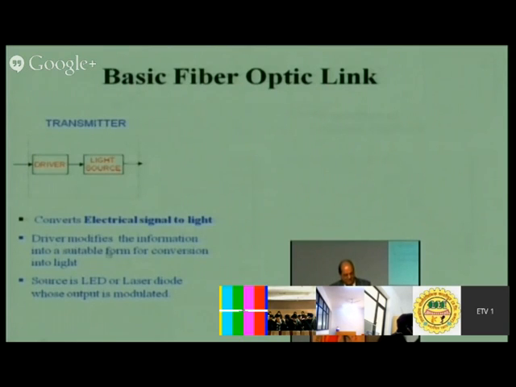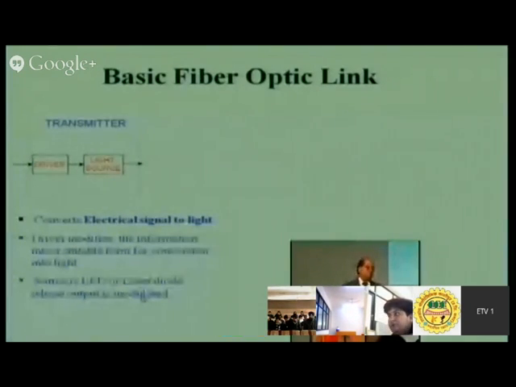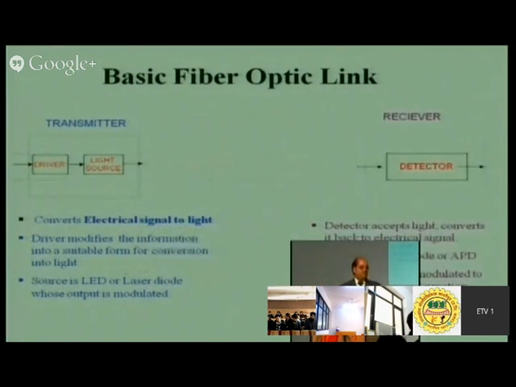A driver modifies the information into a suitable form, which is what we call modulation. The source is either an LED or an injection laser diode, whose output is modulated. So we have the modulated optical signal for launching over the optical fiber. Similarly, we have the receiver component.